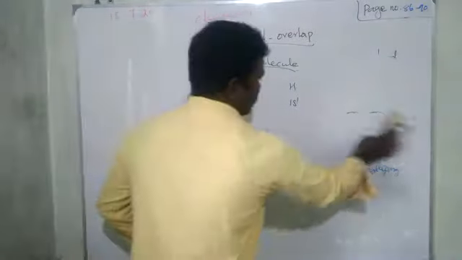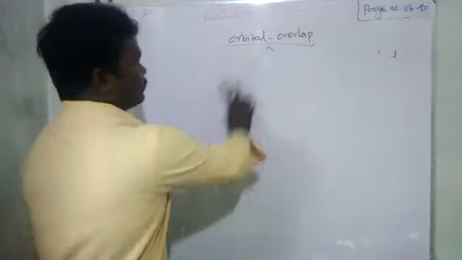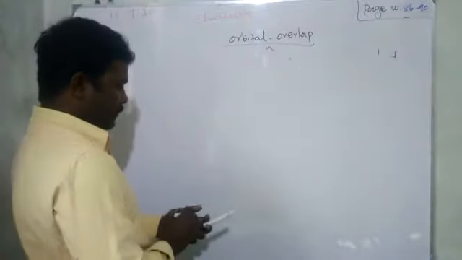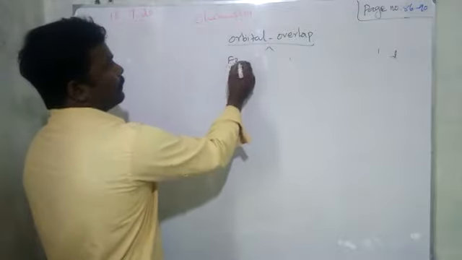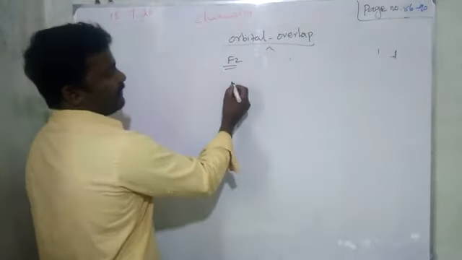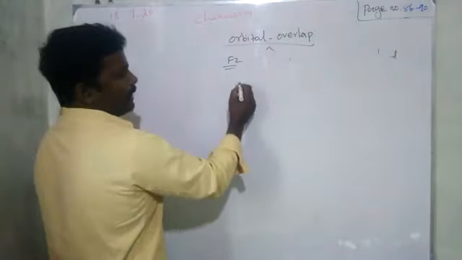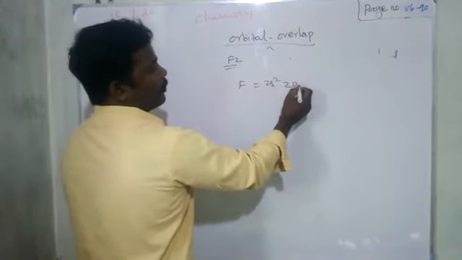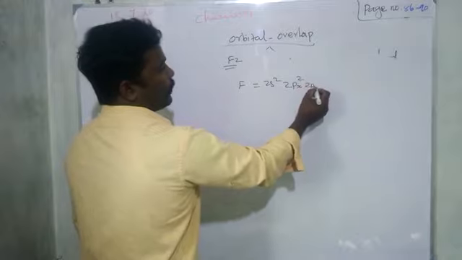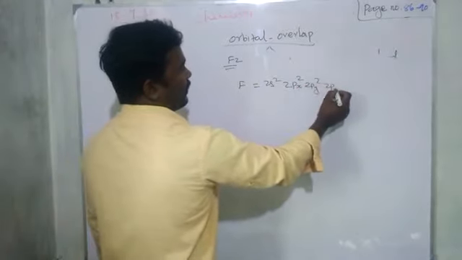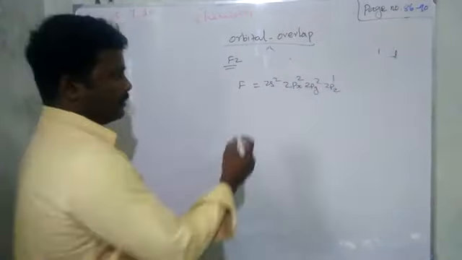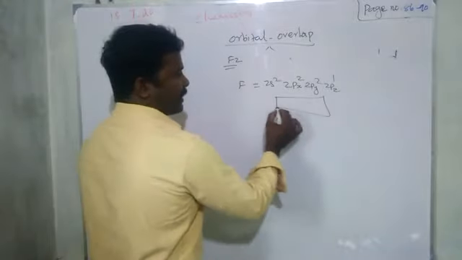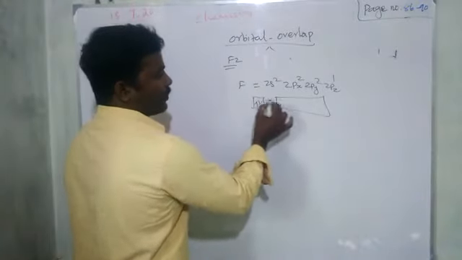Now we will see with fluorine. How is the fluorine molecule F2 formed? So what is the valence shell electron configuration for fluorine? 1s2, next 2s2, 2px having 2, 2py having 2, 2pz having 1. If you draw the structure, we can easily understand. 2s2 has 2 electrons.